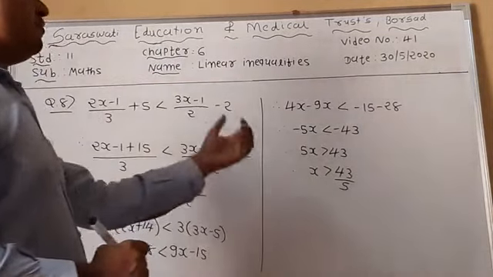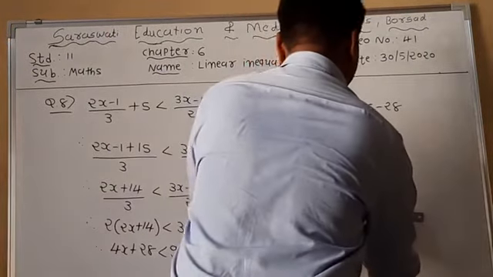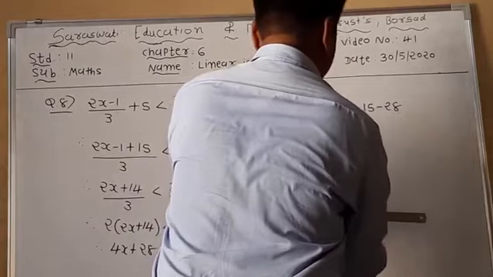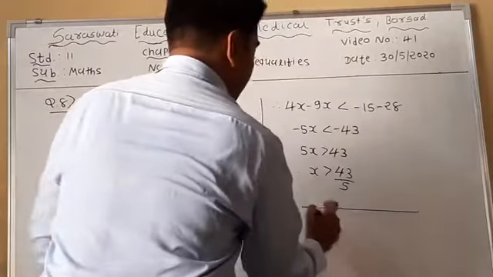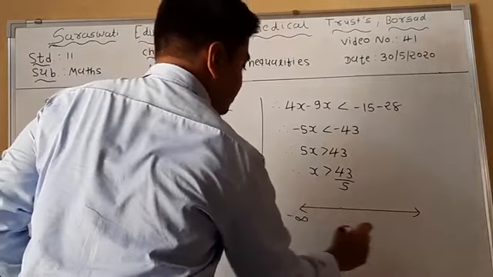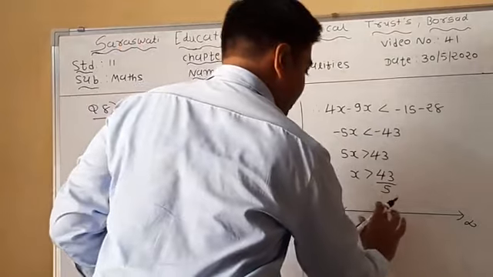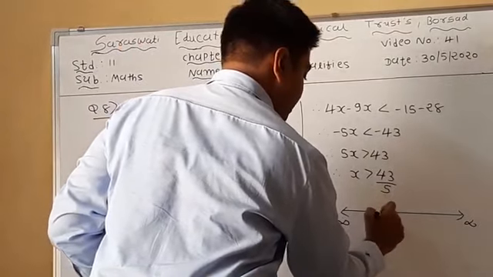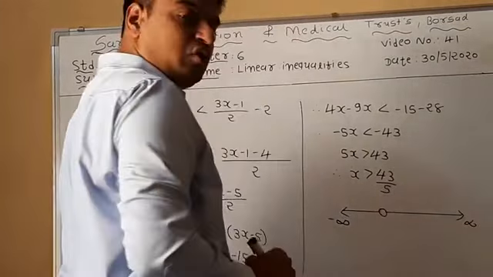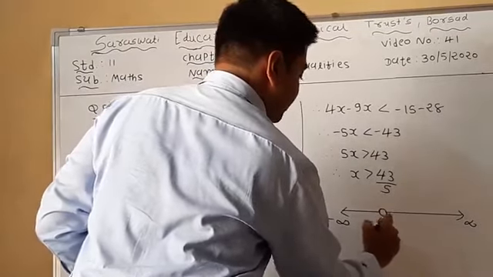Now how can we represent it on the number line? Here minus infinity and here infinity. Now since strictly greater than is present, we write an open circle, and here the position of 43 divided by 5.